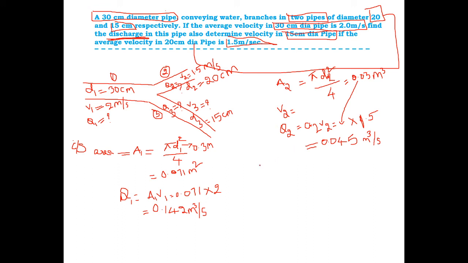Then in the third pipe, you should find out the area A3 is equal to pi d3 square by 4. Then you will get pi into 0.15 square divided by 4.